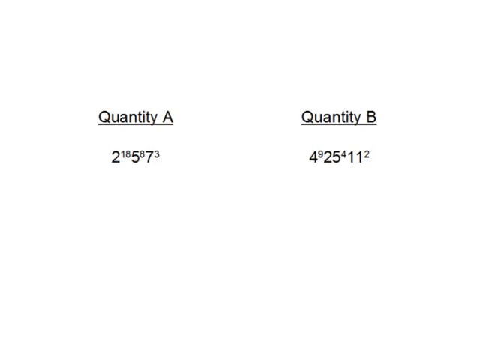This one tests exponent rules again. And before you start multiplying things out and manipulating within the quantities, look for similarities between the quantities. 4 is 2 squared, 25 is 5 squared. There's your similarity.